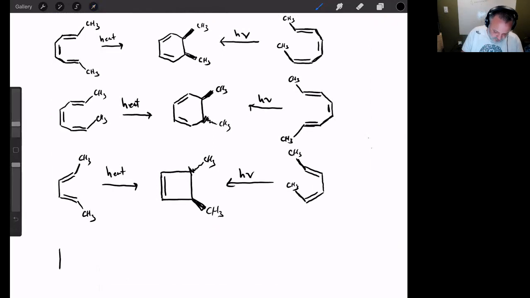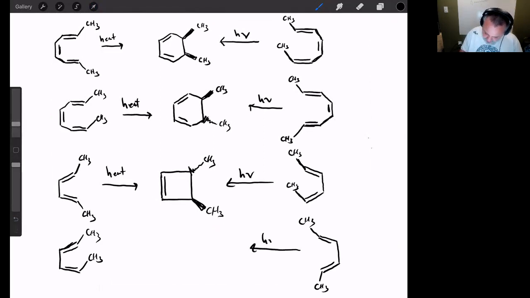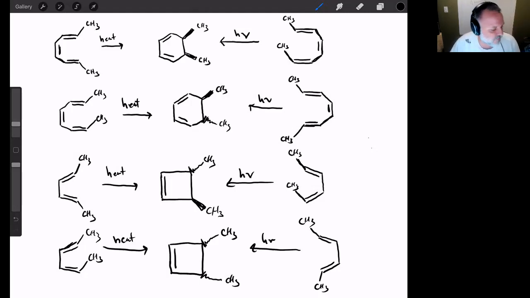If I take this 4-electron system and I start out with things going the same direction, and over here have them starting out in a different direction, do the same type of reaction, heat on the left, H nu on the right, then I get the trans stereochemistry at the end of the day.